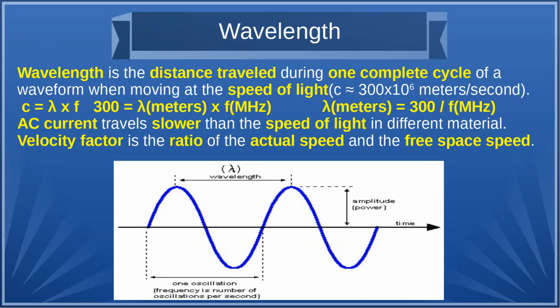When it's traveling through air or another gas or a metal, it travels much slower. In some cases, I think the velocity factor is down to like 0.6. It depends on the medium.